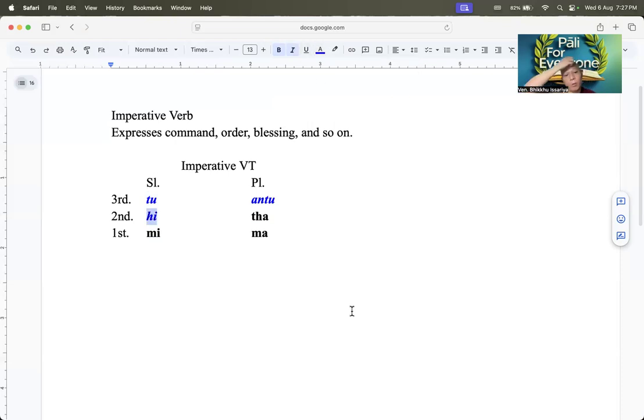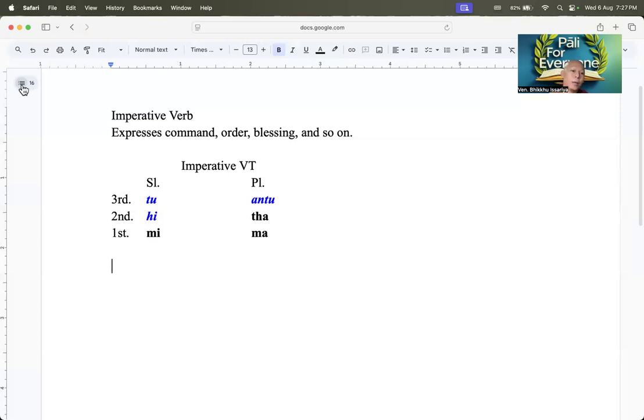So the third person singular, plural, and the second person singular are different. But the rest, ta, me, ma, are exactly the same as the present tense. So that is fine here.